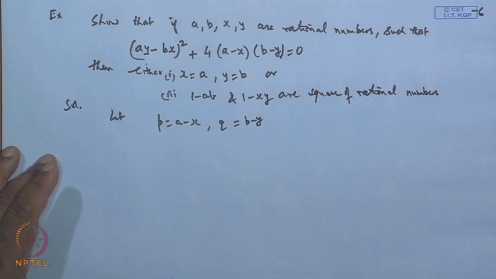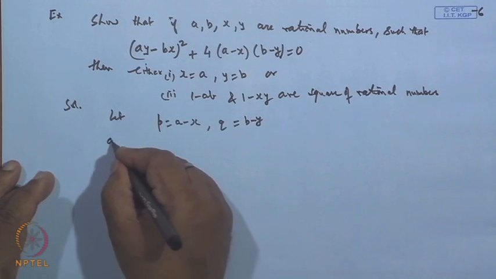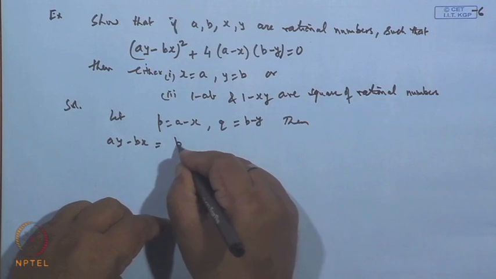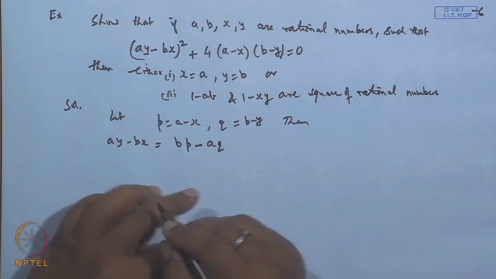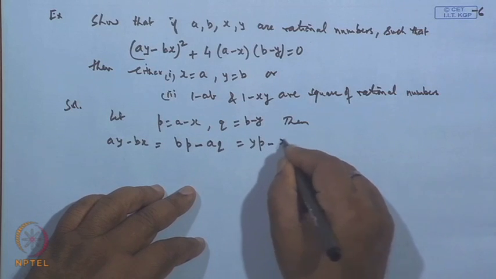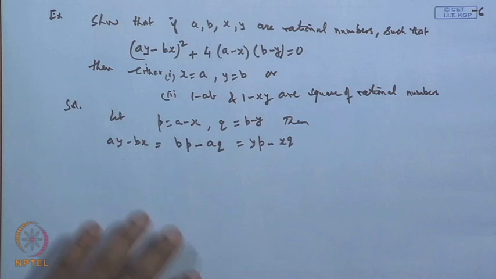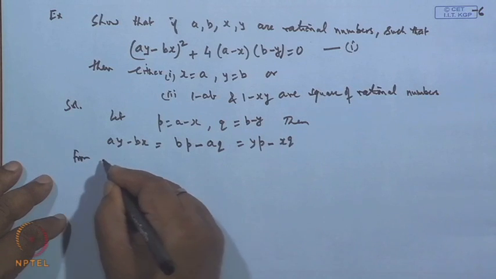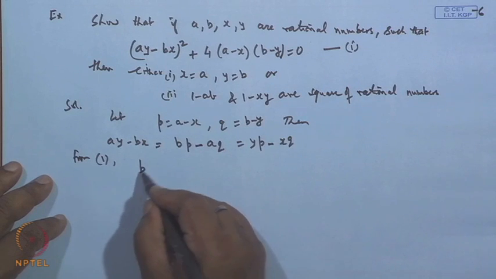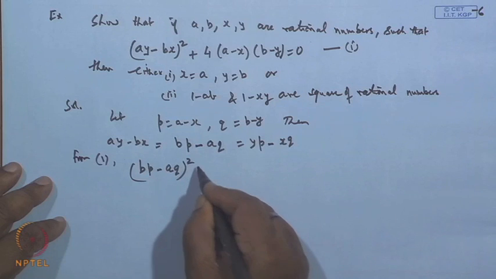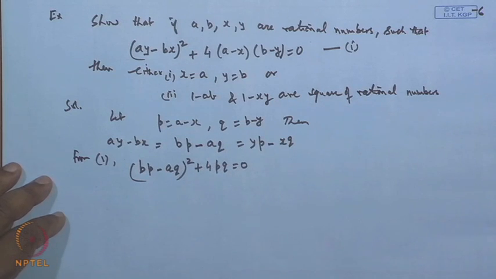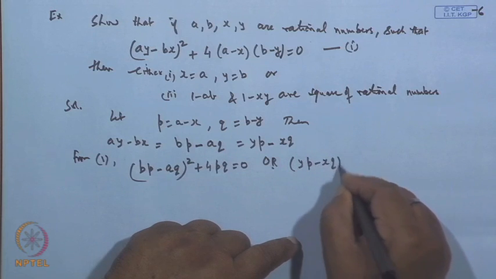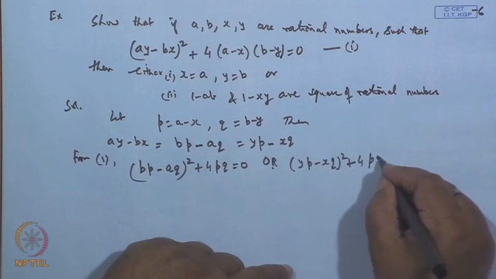Then if I substitute these values into ay minus bx, we get bp minus aq, which is also the same as yp minus xq. Just taking this p and q, our given relation 1 becomes: (bp minus aq) whole square plus 4pq is 0, or equivalently, (yp minus xq) whole square plus 4pq is 0.